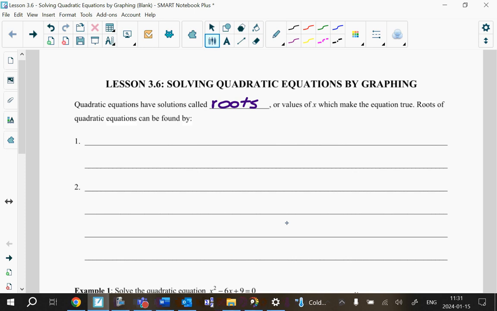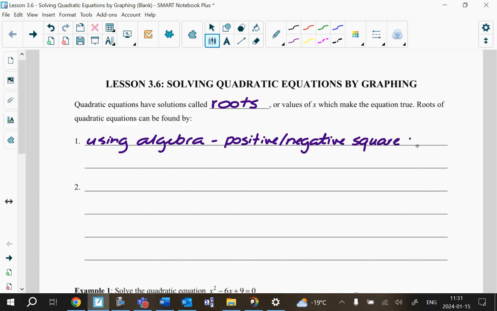So, what we've been doing basically this entire unit is we've been solving these quadratic equations using algebra. And depending on what the quadratic equation looks like, we solved it by taking the positive negative square root. We solved it by factoring.